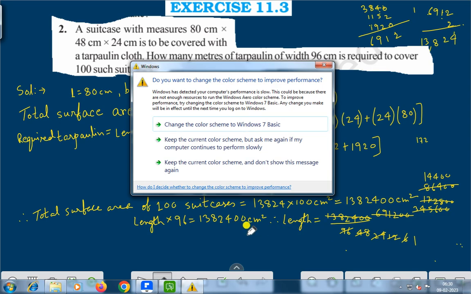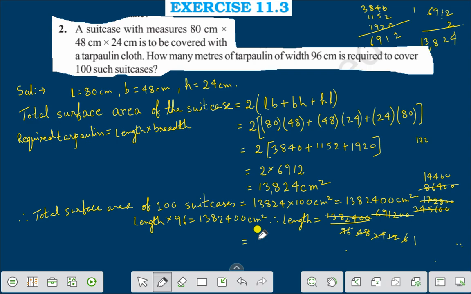That is, the length is given as 14,400 centimeter. If we divide it by 100, then we are getting 144 meter.